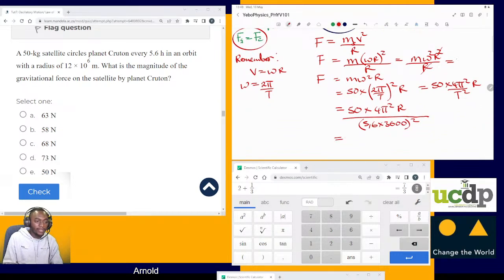Now what remains is for us to punch that in. We've got to put in the value for the radius.